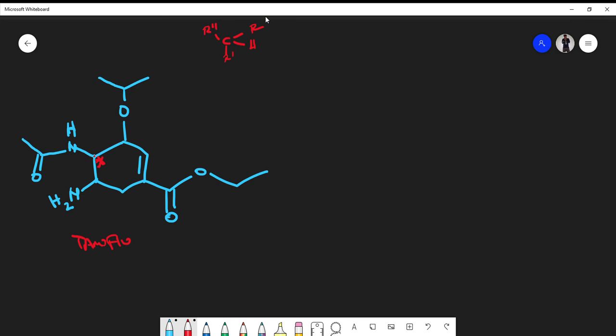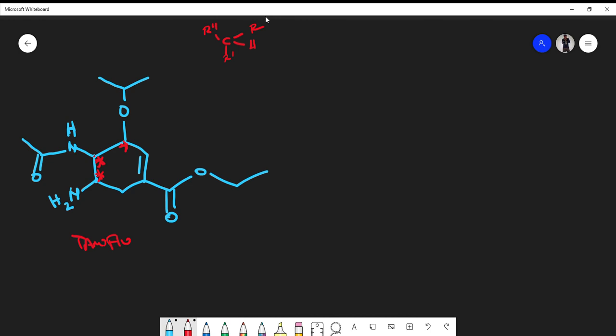The same is also true for this one. This is also a chiral center. The same thing is true for this. This is also a chiral center. I have four different things: an amino group, a carbon with a CH2, a carbon with two different substituents, and then a hydrogen. So this is a chiral center as well. Do we see any more chiral centers in the compound? Yeah, this would be one as well.